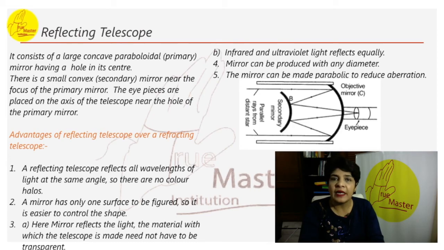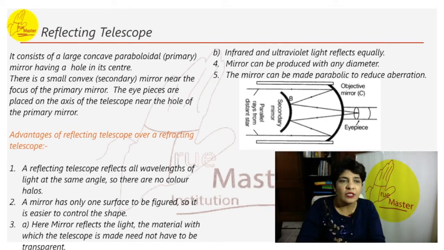Halos are bright circles that surround a light source like headlights, glare in light that enters your eye and interferes with your vision. Because the reflecting telescope reflects all the wavelengths of the light at the same angle, no color halos are formed. So this is one advantage.